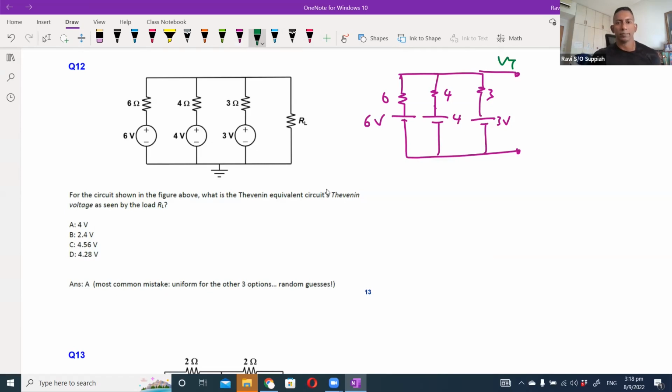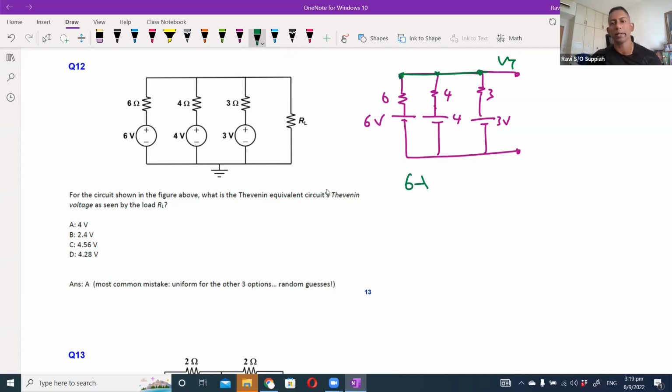You can use node analysis to come up with the equation. All these points are the same point, correct? So I can take this as a common node, and express the equations as all the current going in or going out.